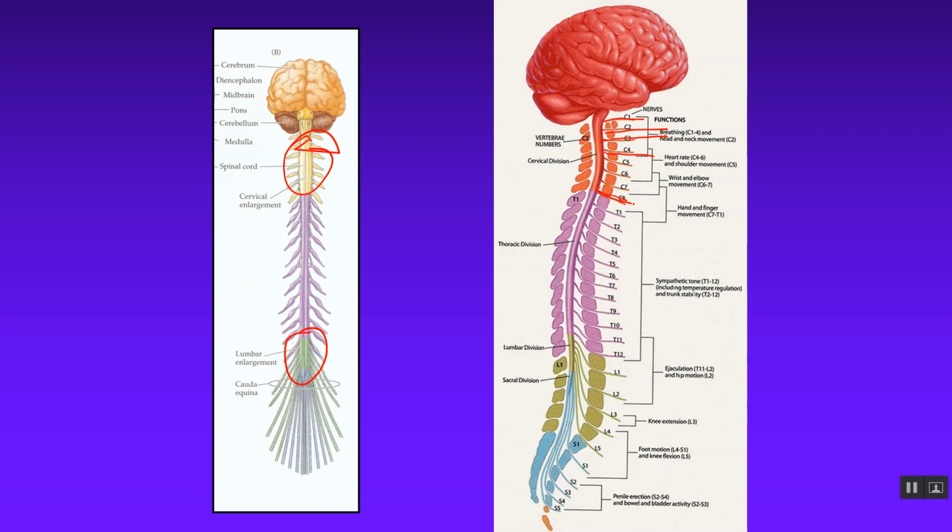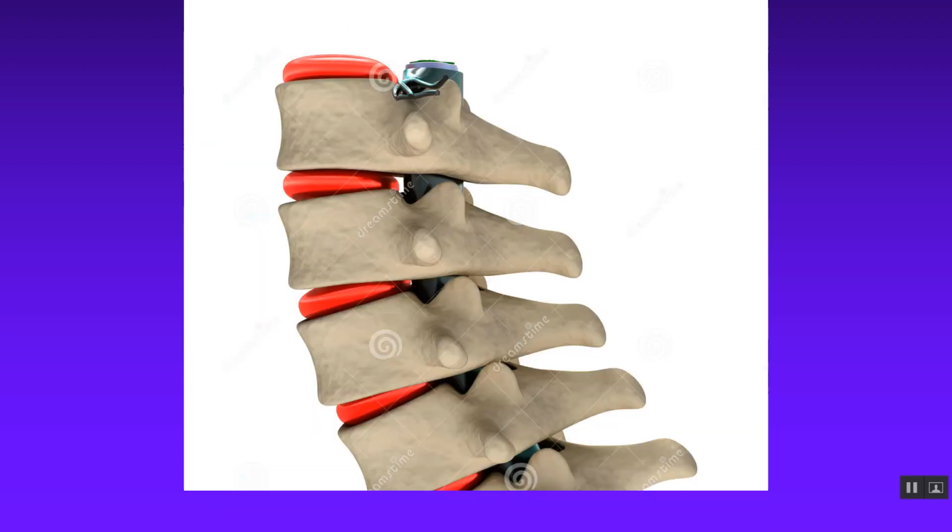And once you get to T1, the nerve roots come out below the vertebral level. Also remember that the spinal cord ends between L1 and L2, usually at that intervertebral disc space.